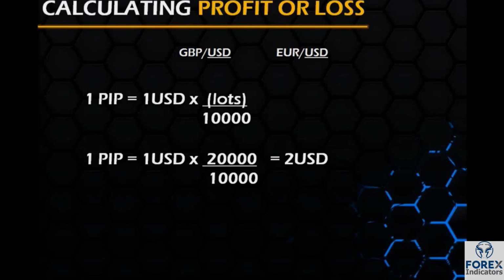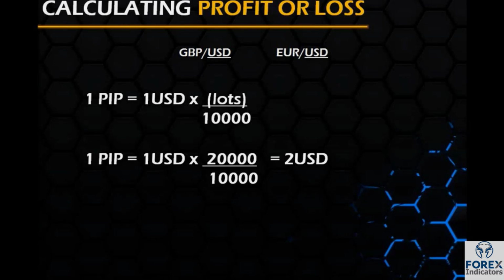We'll just look into how it works in case you're curious. So what you should know is that 1 pip equals 1 USD per 10,000 lots. Each pip that the market moves is either in your favor, and you're gaining $1 for your 10,000 lot, or if it's not in your favor, you're losing $1.